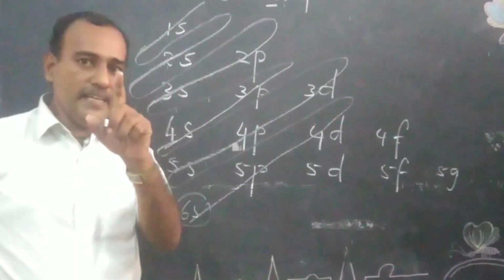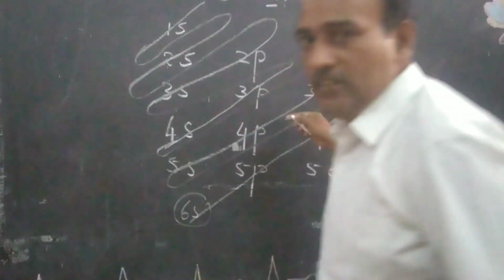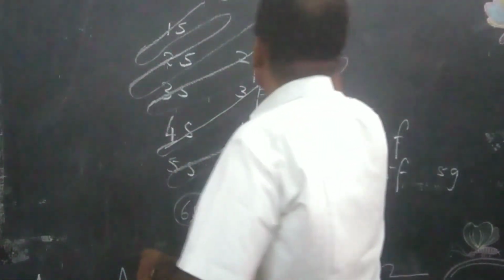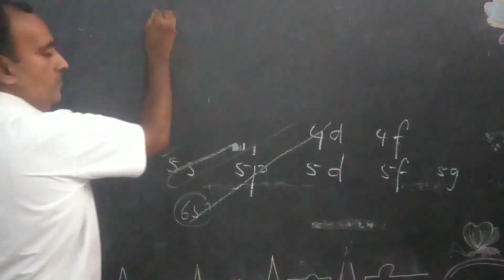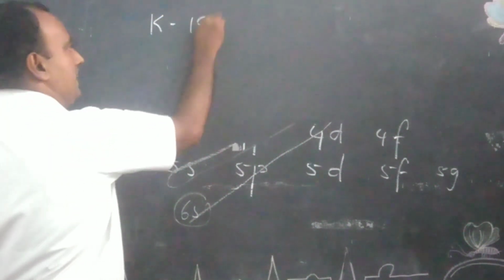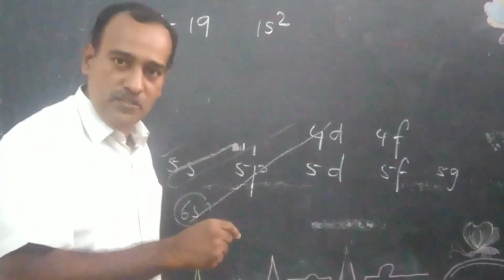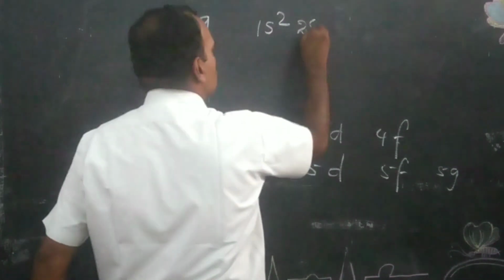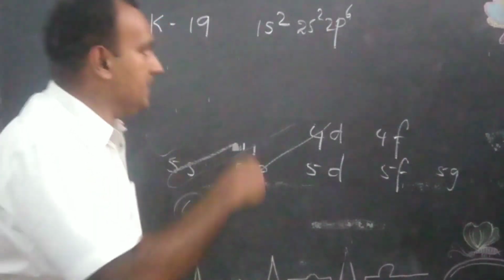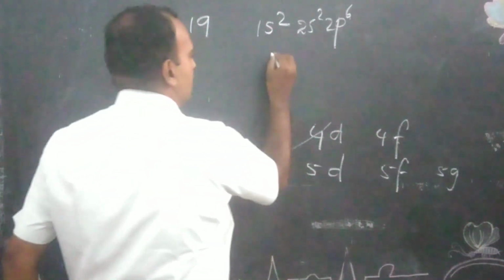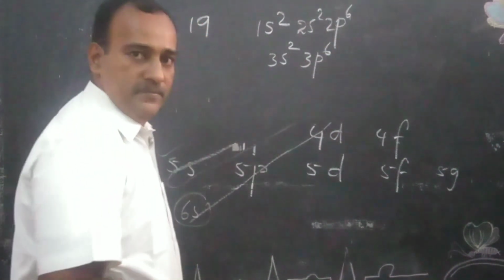So now, how can you write the electronic configuration of potassium? For writing the electronic configuration of potassium, atomic number 19. So 1s2. After filling 1s2, 2s2 and 2p6 will come. After completing 2p6, automatically 3s2 will come, then 3p6 will come.